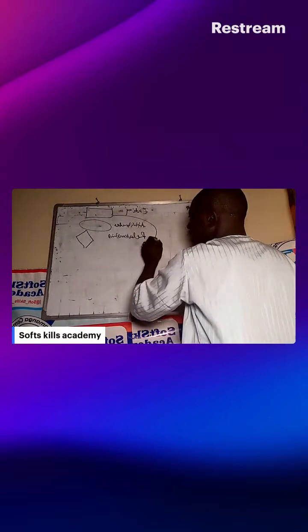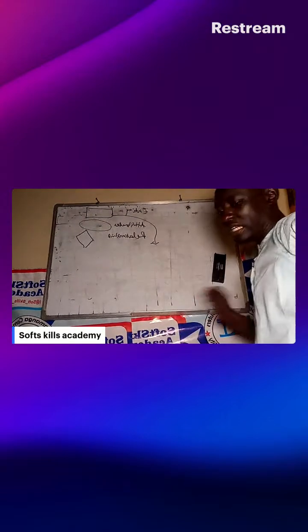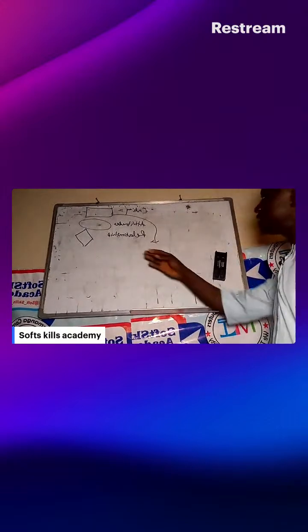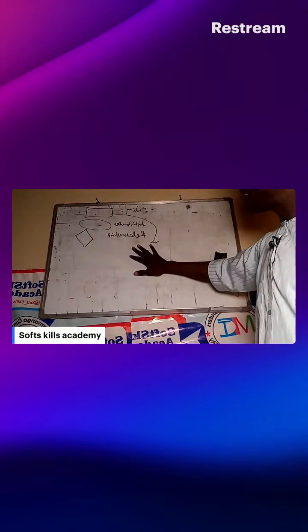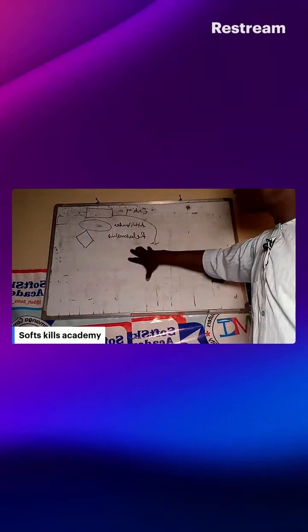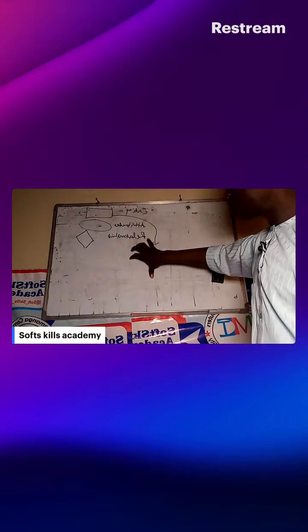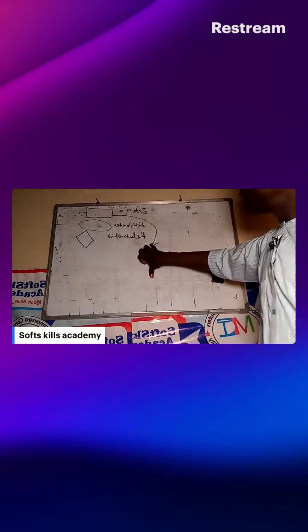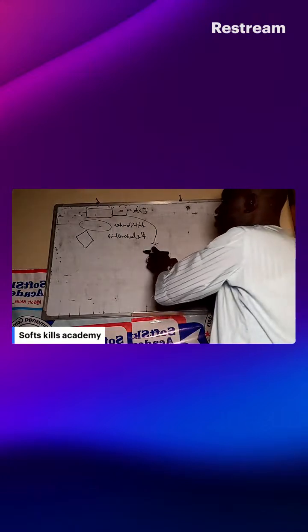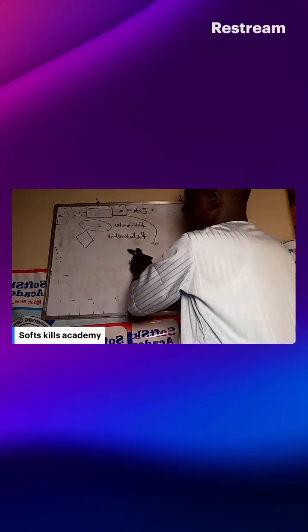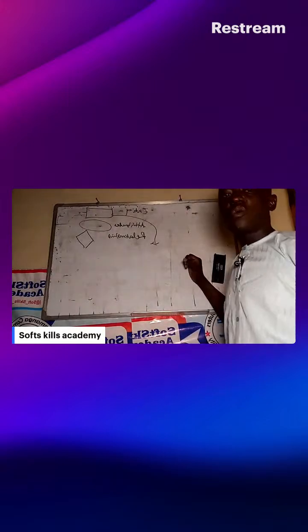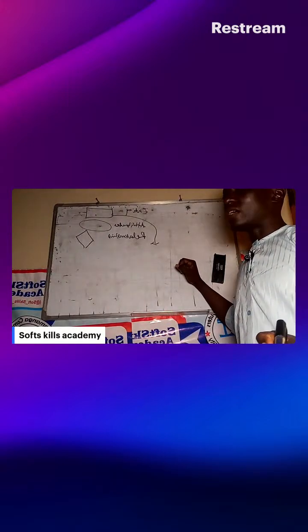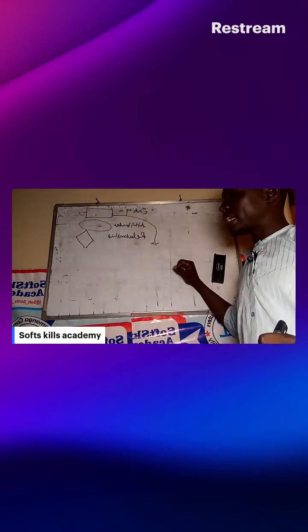And the entity that we are talking about here is classified into what we call entity set and entity type. Entity type is the representation of a group or a set of entities that is represented by what we call a weak entity or a strong entity.